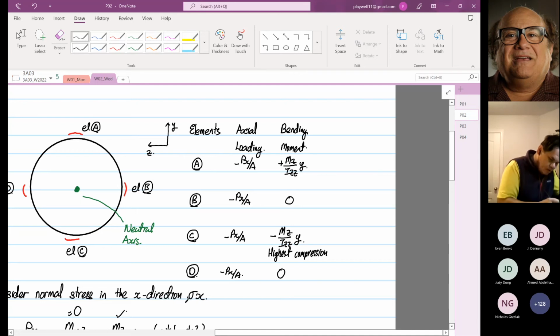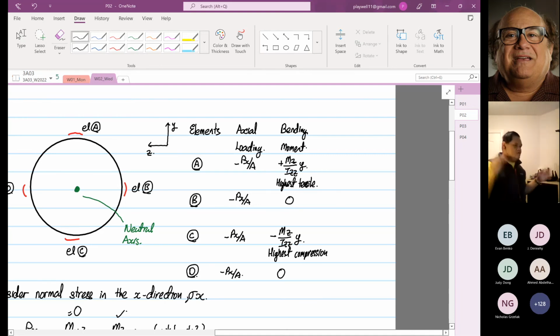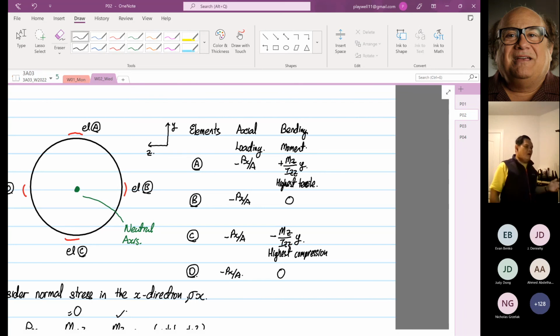Then on top, it will have the highest tensile loading, assuming that Mz over Izz multiplied by y is larger than Px over A.